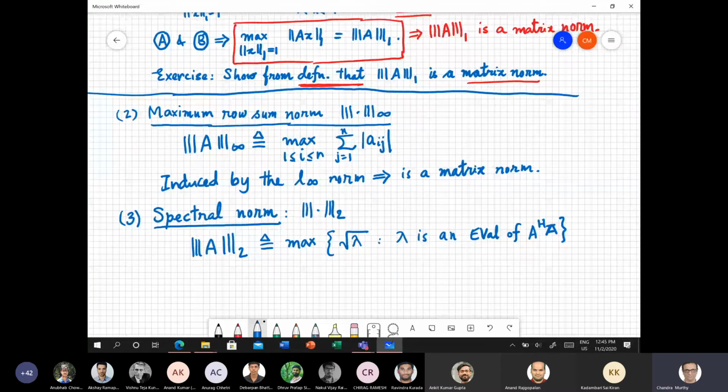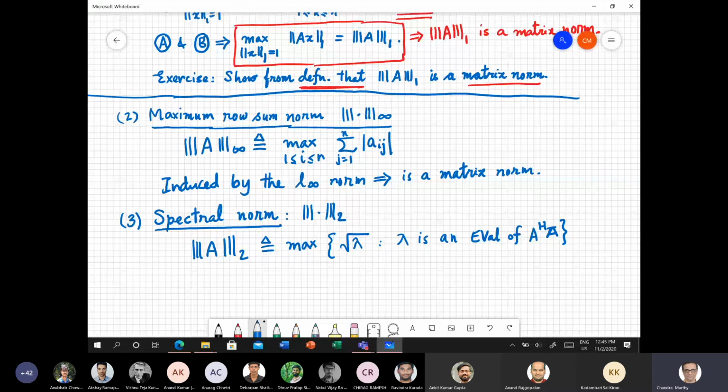We haven't formally discussed eigenvalues, but unfortunately for many of these results we will need the notion of eigenvalues. But we'll connect all of these together later in the course when we discuss eigenvalues also. So basically, lambda is a quantity that satisfies A Hermitian A x equals lambda x for some x not equal to 0.